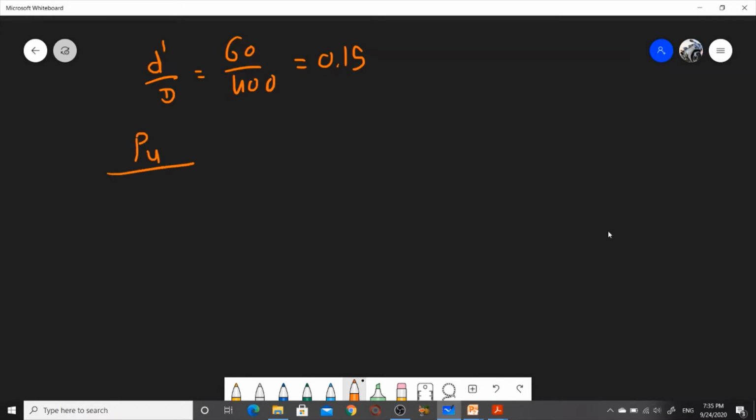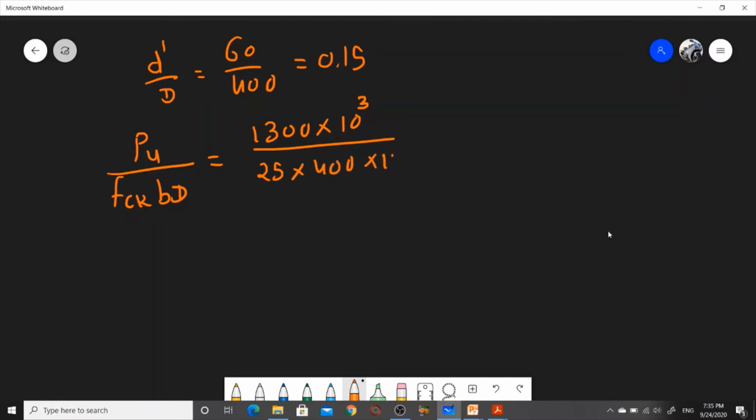Second, PU by fck b D. Why we need to find this, I will explain later. Just write it down: 1300 times 10 raised to 3 divided by 25 into 400 into 400. So the value is 0.325.